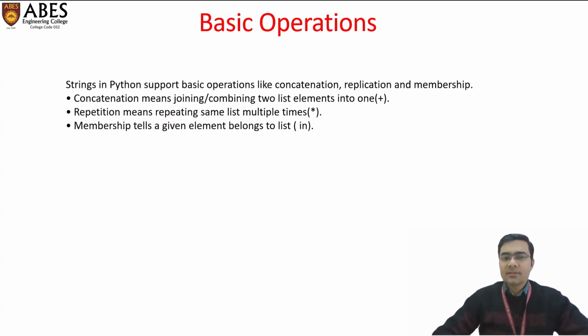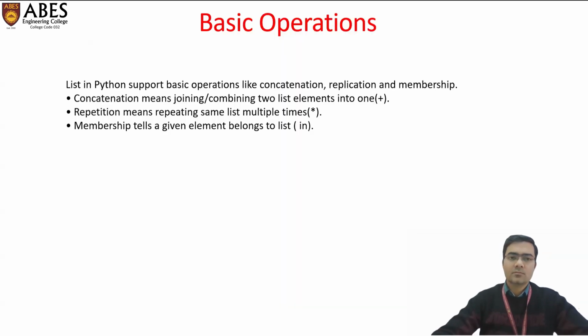Now, the basic operations. A list in Python supports basic operations like concatenation, replication, and membership.